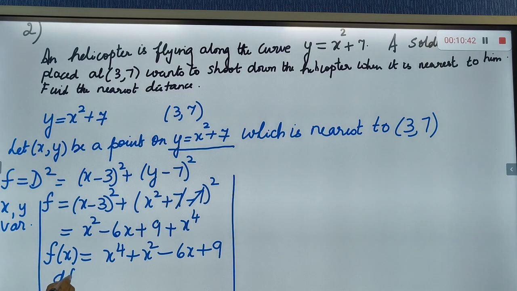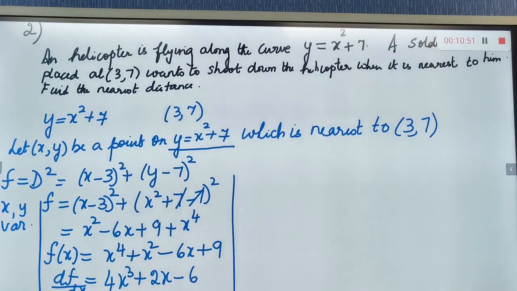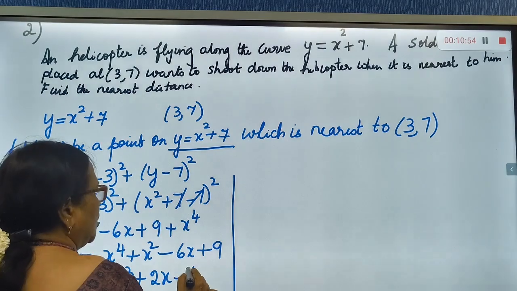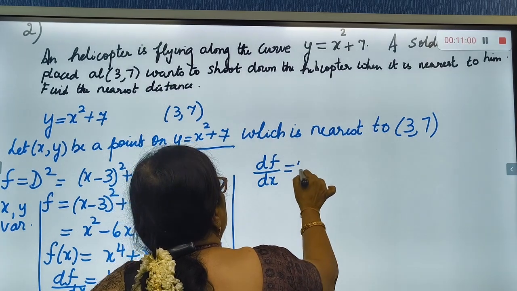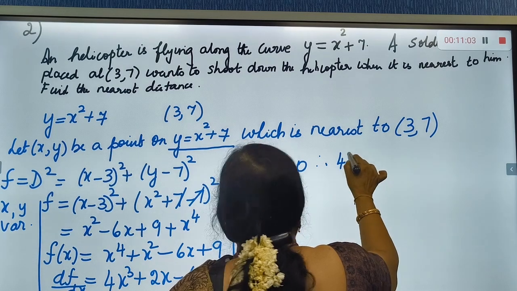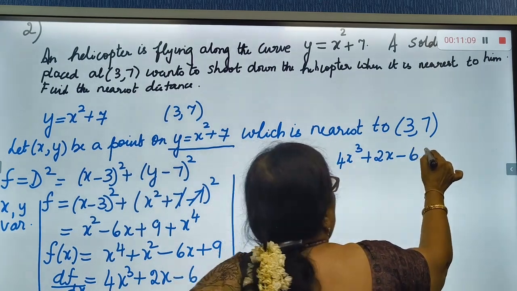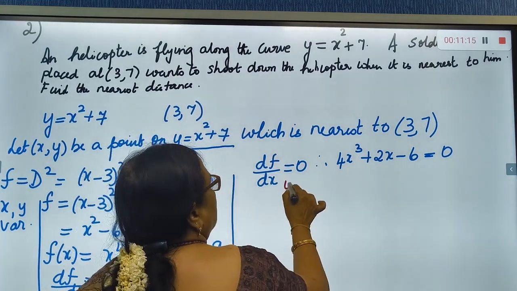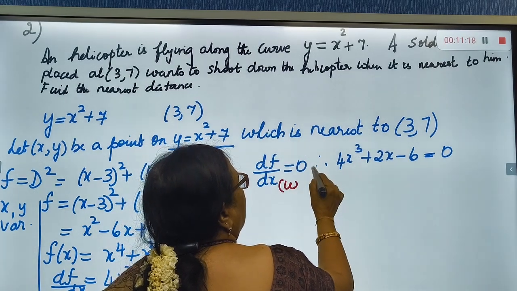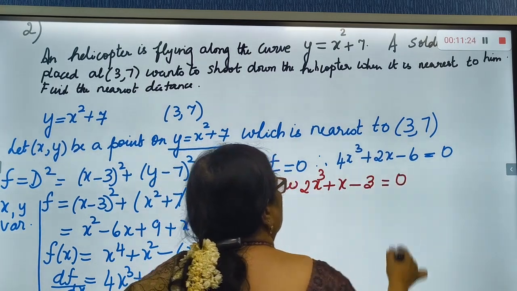Now what will be df? To find the critical point, find df by dx, which is 4x cube plus 2x minus 6. Now to find the critical point, df by dx is equal to 0. Therefore, 4x cube plus 2x minus 6 equal to 0, that is 2x cube plus x minus 3 equal to 0.